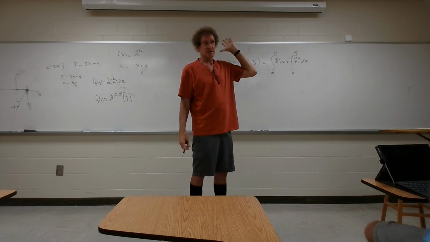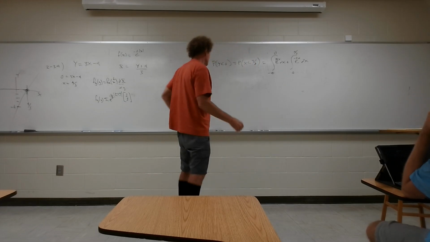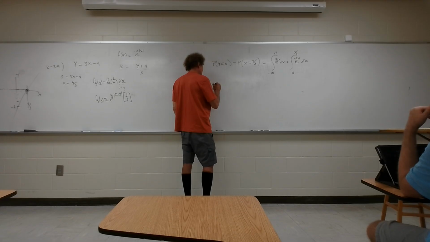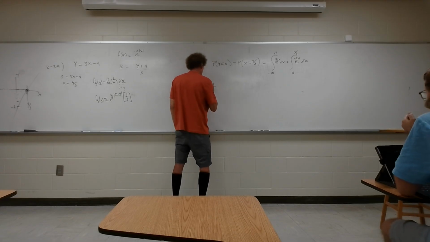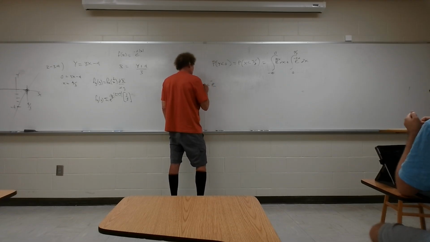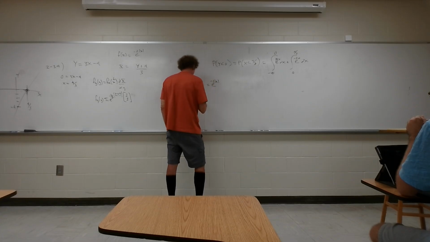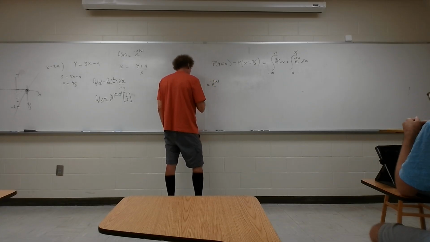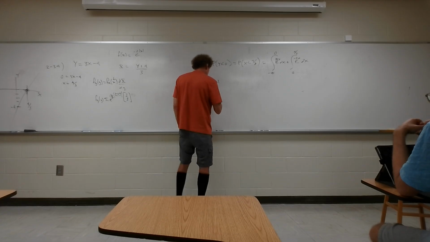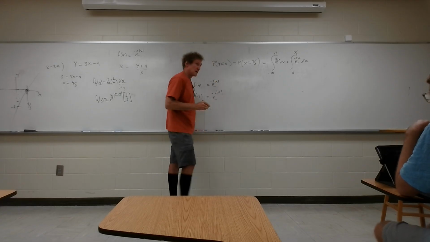How many see this right here? Just think about it for a second. Here's what I'm really saying. If you have, say, f of x is e to the minus 2 magnitude of x, right? So what's f of minus 2? That's e to the minus 2, right? Magnitude of minus 2, right?